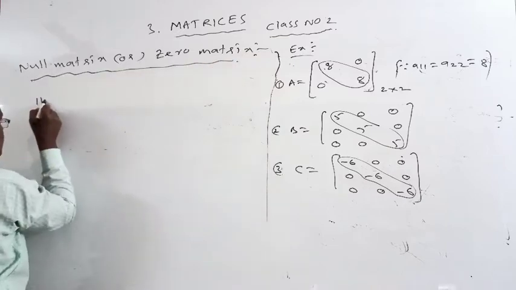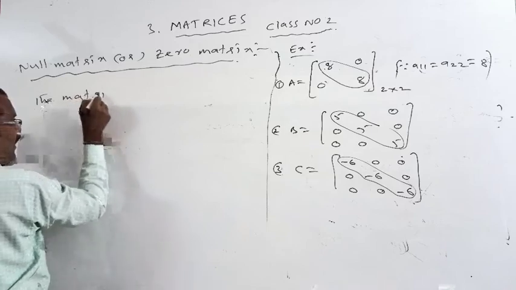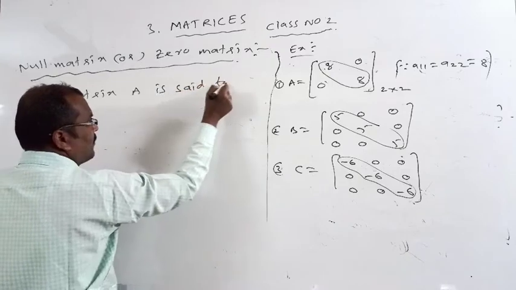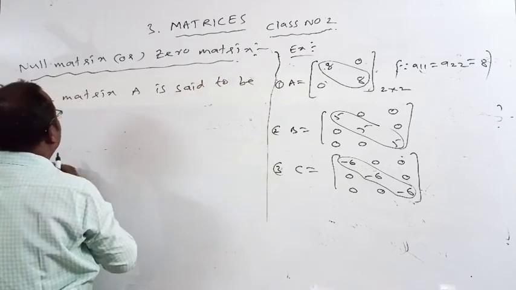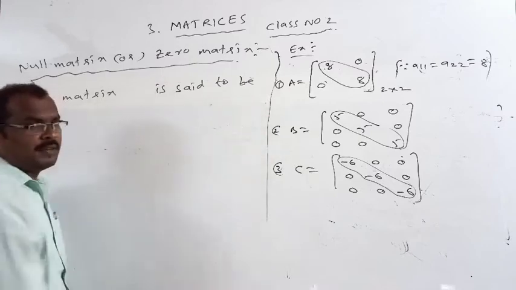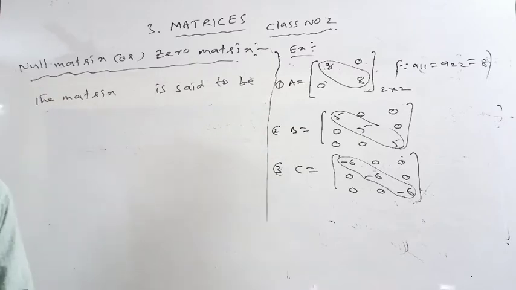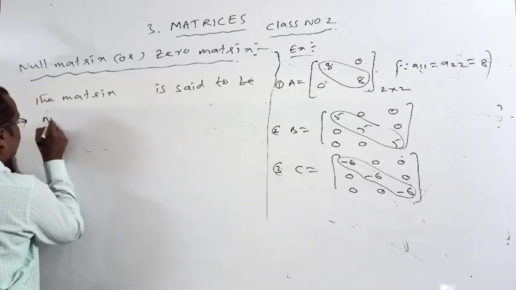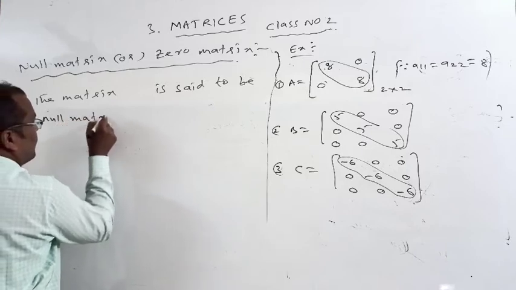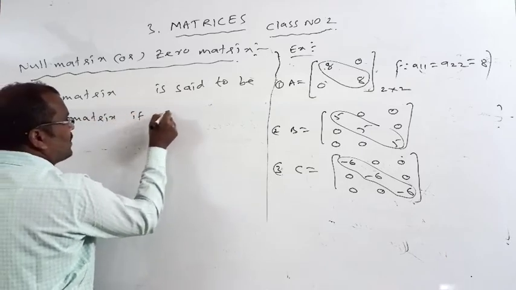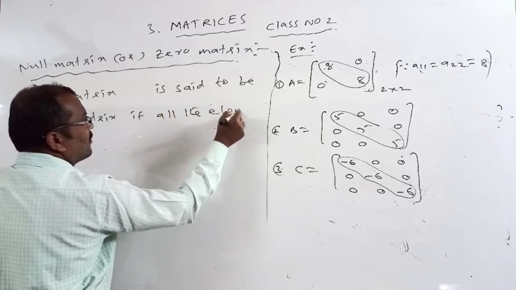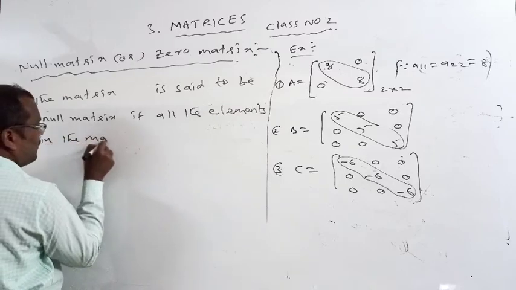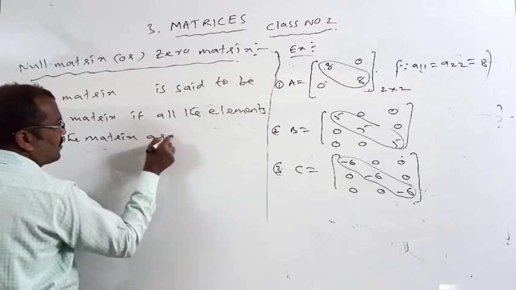The matrix capital A is said to be, no need to write the name now since null matrix is written O. The matrix is said to be null matrix if all the elements in the matrix are zeros.